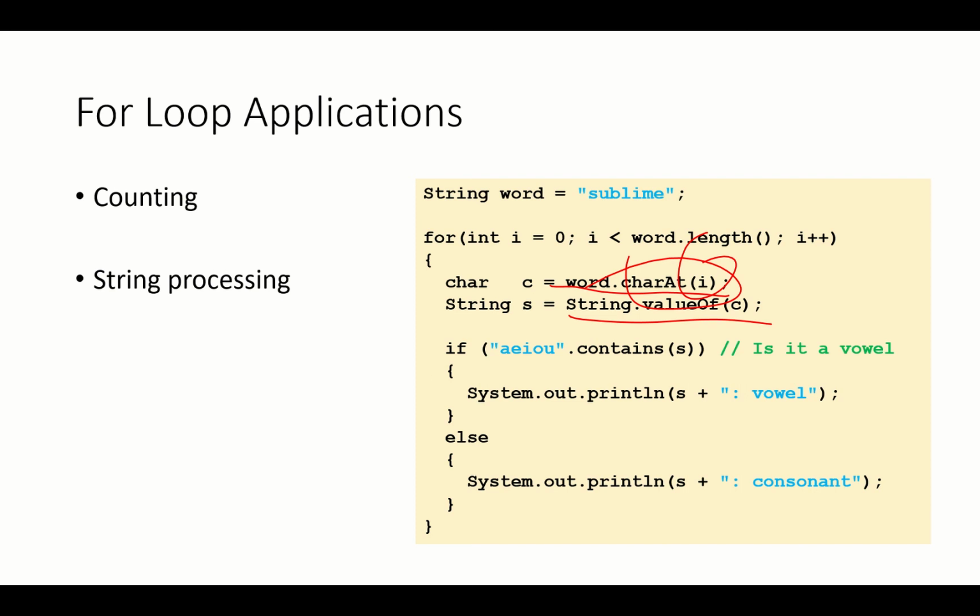What's the letter on index 0? S. All right, so the index is 0-based, right? 0, 1, 2, 3, 4, 5, 6. Okay, so S is 0, right? What does this mean? The value of c is S.